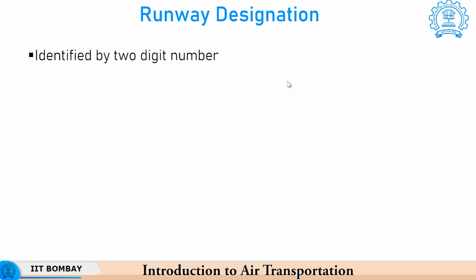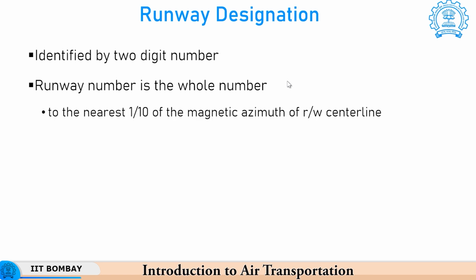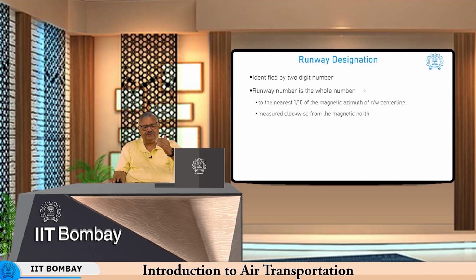Each runway is identified by a 2-digit number, and this number is a whole number, but it consists of the nearest 1/10 of the magnetic azimuth of the runway center line, measured clockwise from magnetic north. So, it depends on the angle of the runway in the landing direction with the magnetic north, okay, that is used.